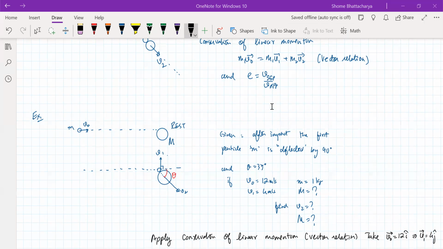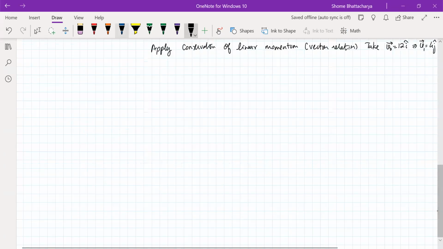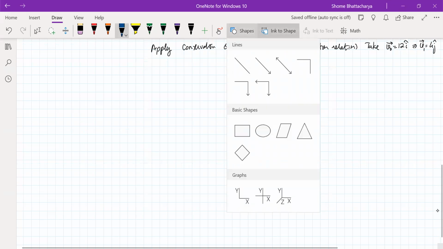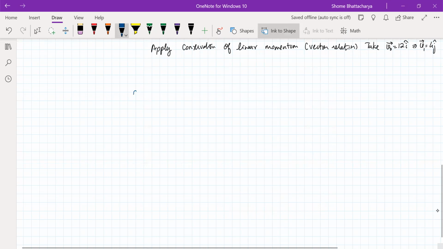Okay, so first of all, let's understand the system of axis that I've talked about here. What I'm doing is I'm taking the direction of this one's initial velocity, this axis, as my x-axis.